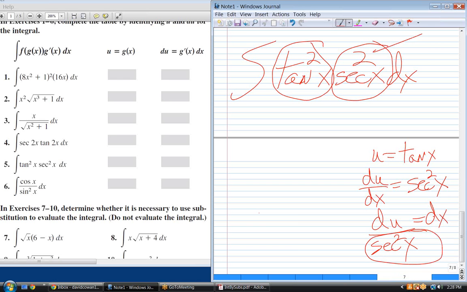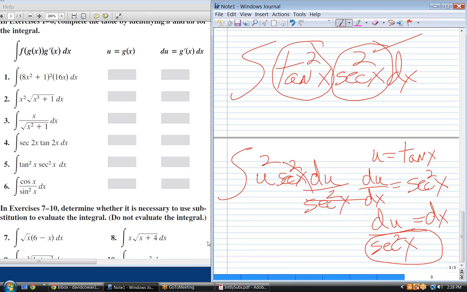In other words, when I rewrite this as an integral, it's u squared, and instead of dx, I'm going to write du over secant squared x. This goes away. We've got a very simple integral. Integrate it, resubstitute, you got your answer.